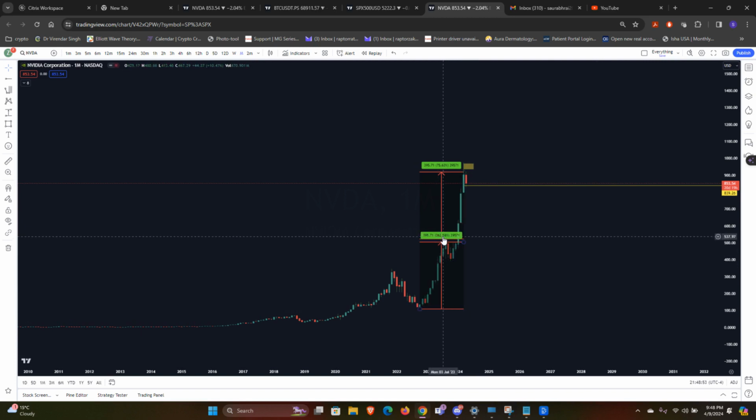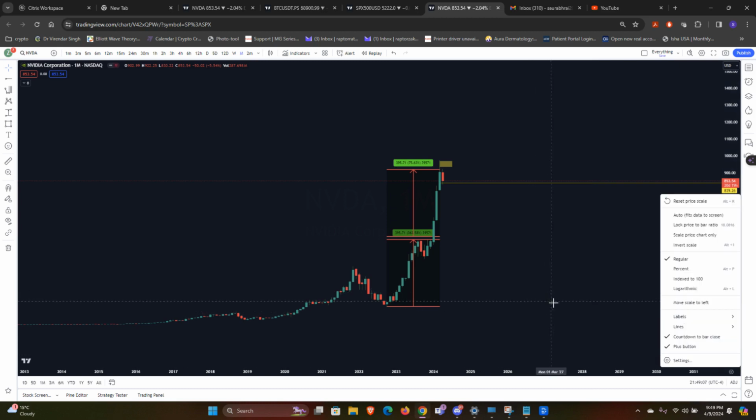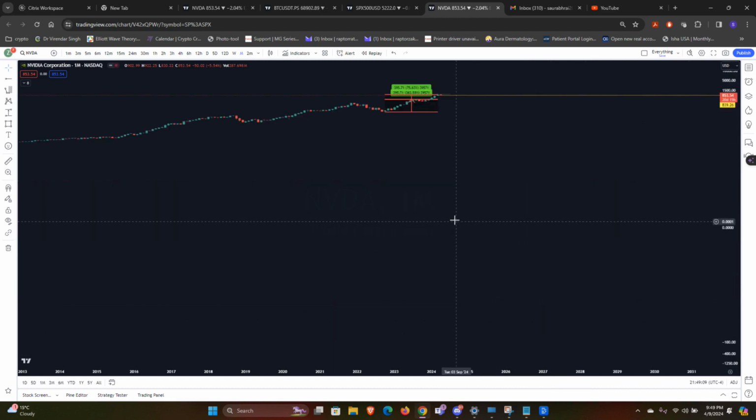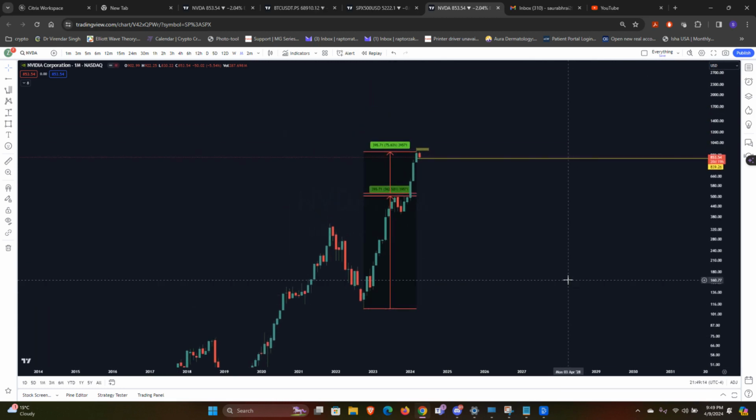From here to here, NVIDIA appreciated 362%, and from here to here there was only a 75% increase in price. This percentage increase is very difficult to see when you see the chart like this, but when you switch to logarithmic view, this becomes pretty clear.